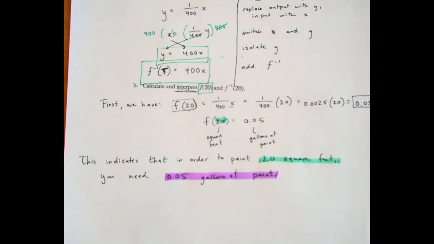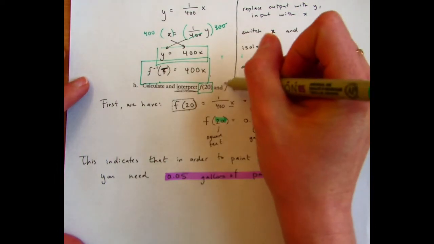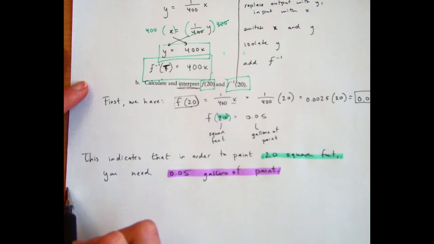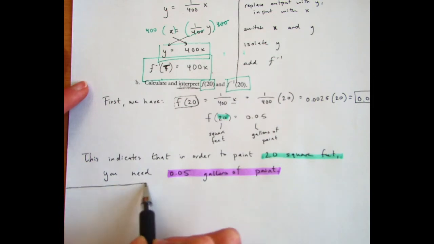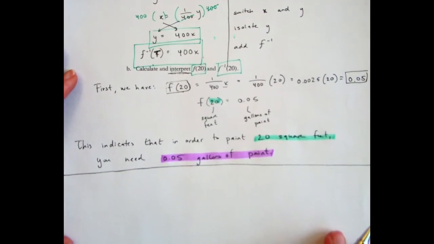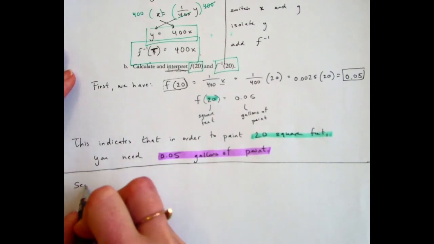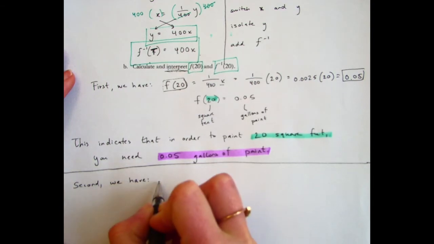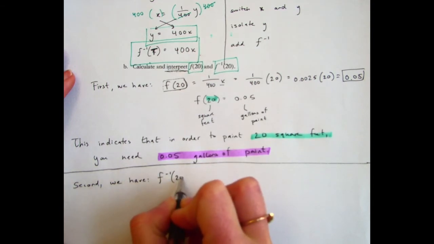All right, I'm going to go ahead and repeat the process for the inverse function. So second, we have f inverse at 20.